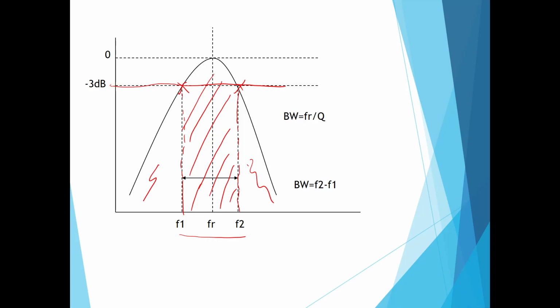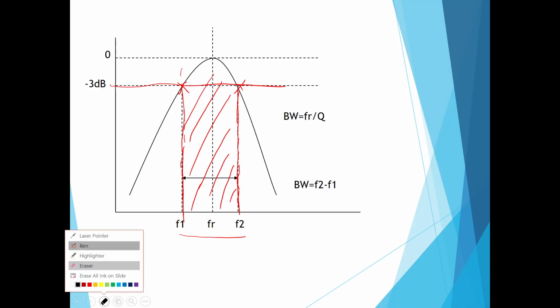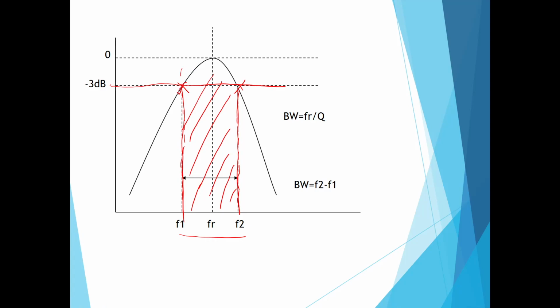But in the real world there is no practical filter that can do a very sharp cut off like this. Instead, a real filter will have a slope like this.